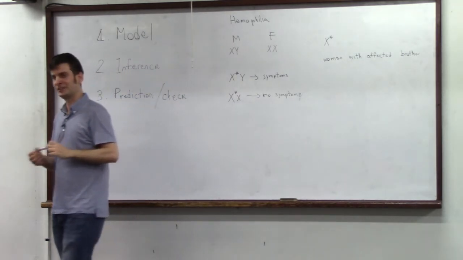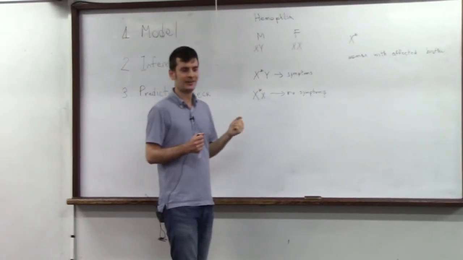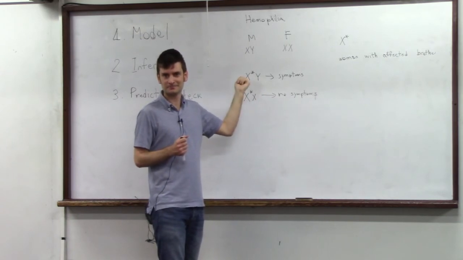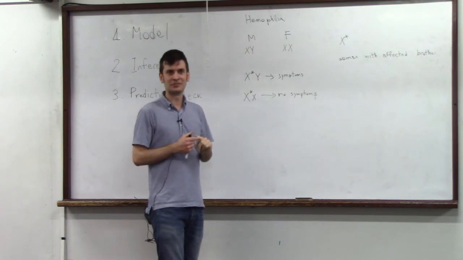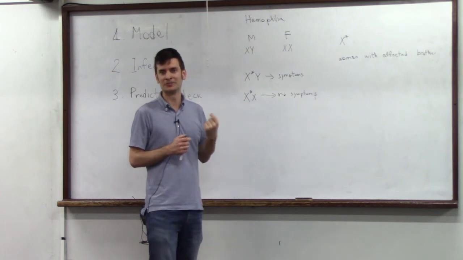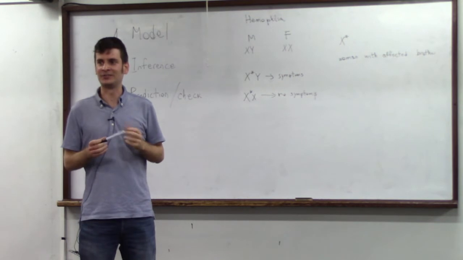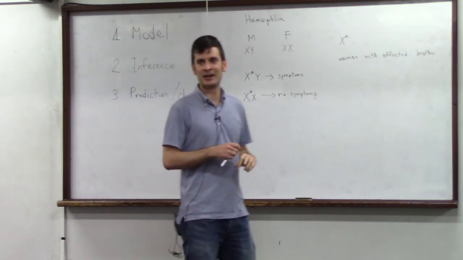A woman with an affected brother. An affected brother means that the man always gets the X chromosome from the mother. So we know that their mother must have one of the chromosomes with the bad gene. So there's a 50% chance that the woman is carrying the bad gene.